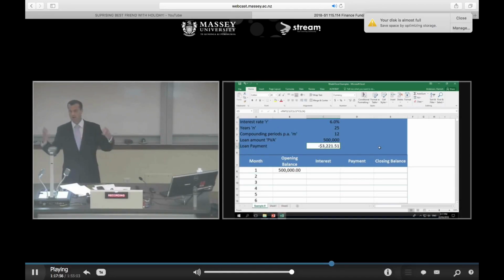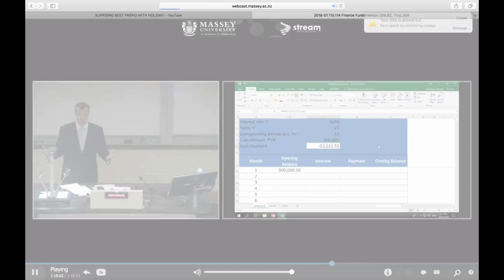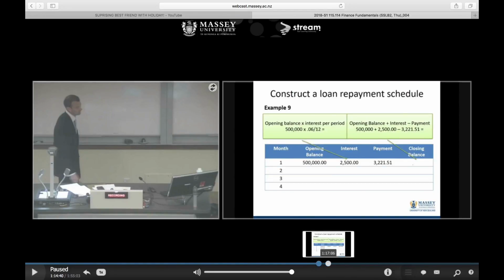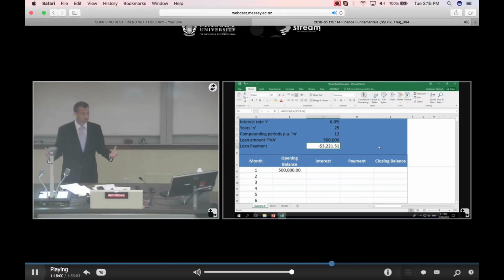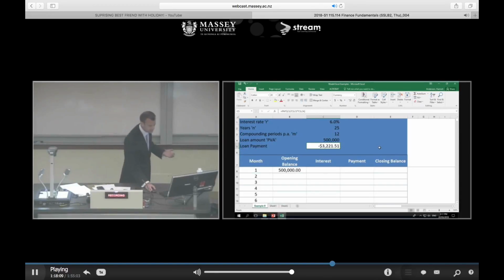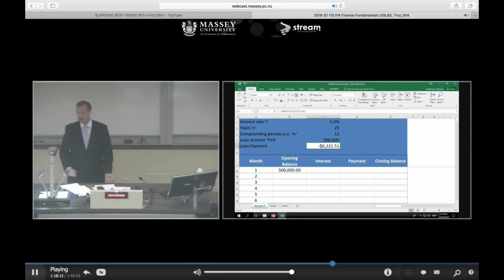When we go and borrow the money off the bank, all of a sudden we're $500,000 richer in cash, not really richer, but we've now got an extra $500,000 to go and spend. Okay, so that's like money coming in, but then for the next 300 months, that amount will be going out of our bank account.